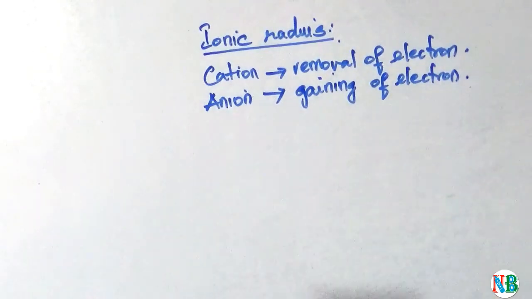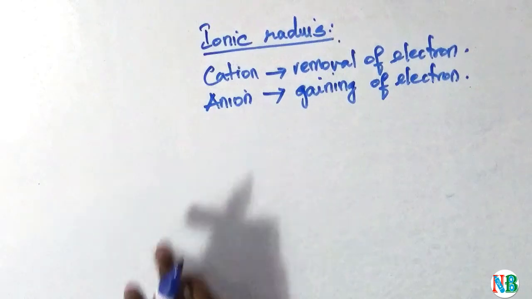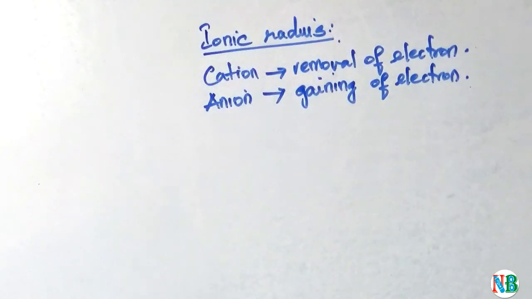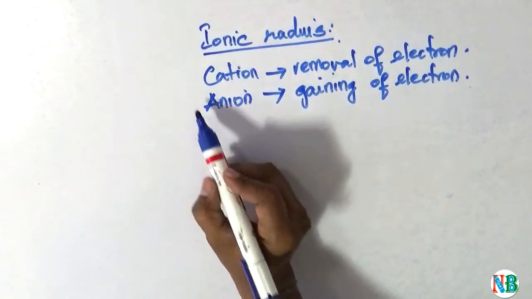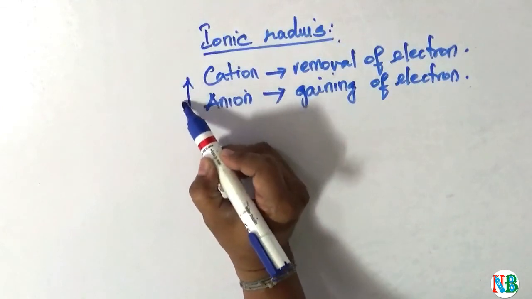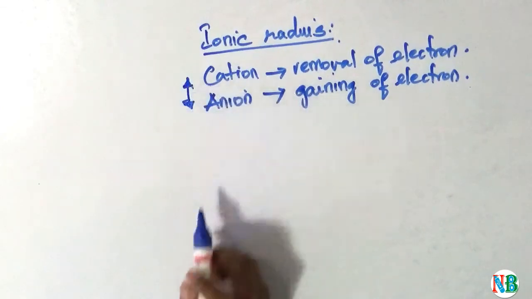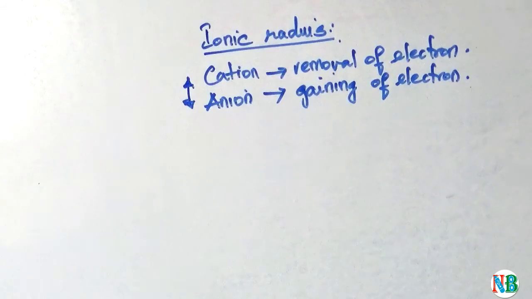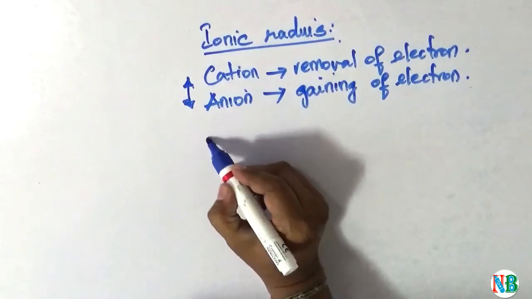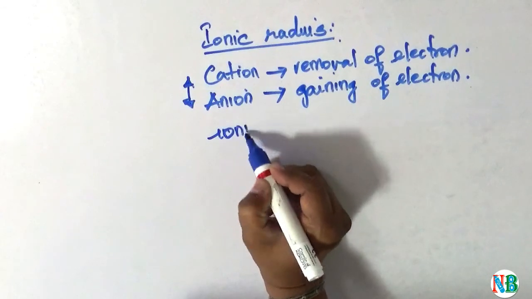So when this happens, you get a cation and an anion. What is the ionic radius in this? It is the distance between these two. So what is the ionic radius? The ionic radius is the distance between the cation and anion in ionic crystals.